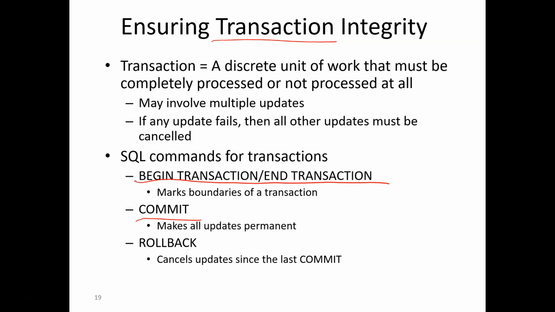In fact, in most database management systems, you can set the auto commit option to on so that all commands are committed automatically when they are being executed. However, if the commands are not committed, then you have the option to roll back the operations. The command rollback would allow you to cancel the updates since the last commit command was executed.